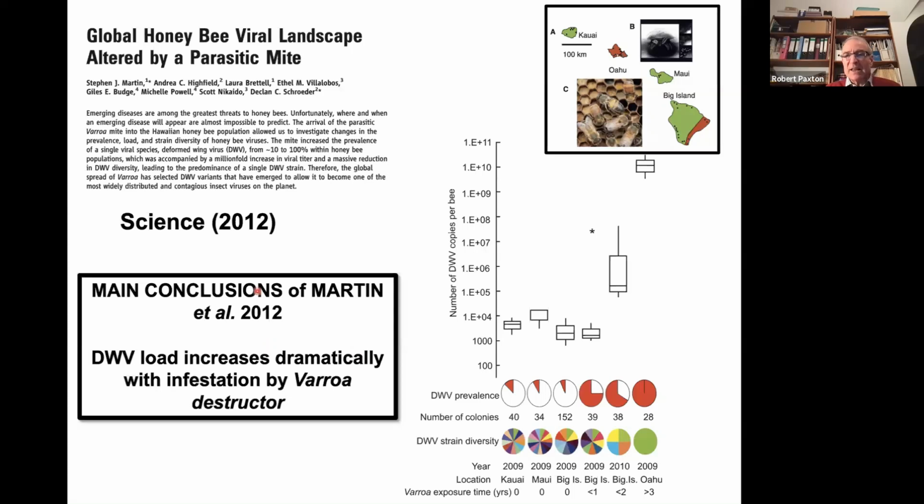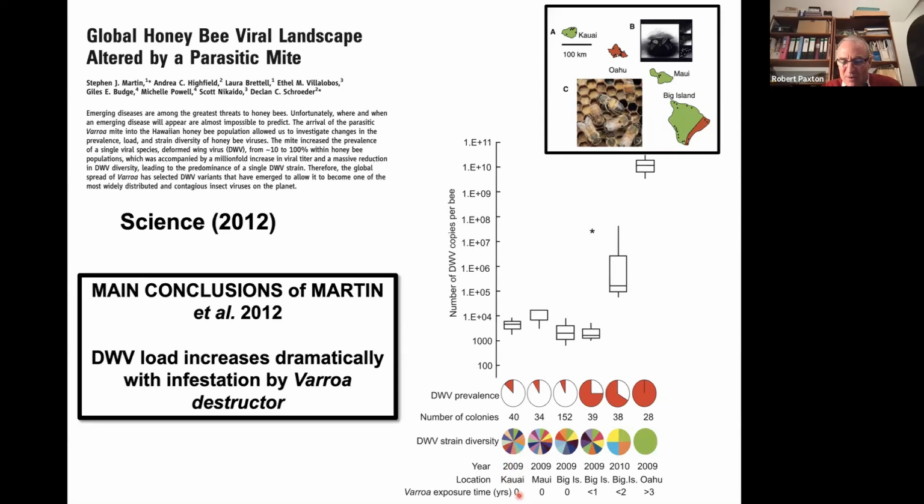He showed very clearly, for example, that when varroa mites enter a population of honeybees, the prevalence of deformed wing virus increases rapidly. Here we've got islands of the Hawaiian Islands, when initially the honeybees were sampled before varroa mites were found.